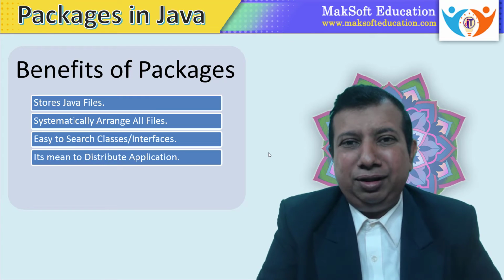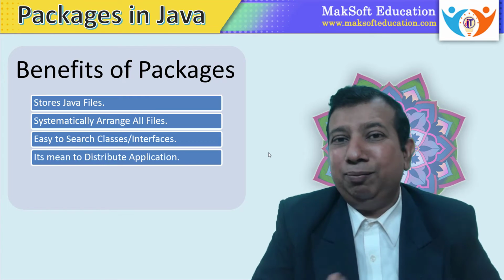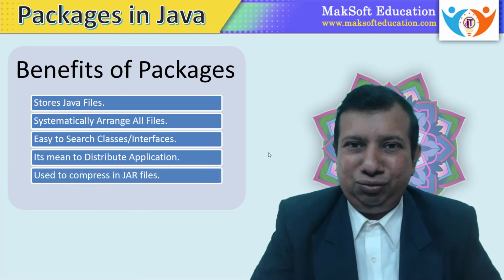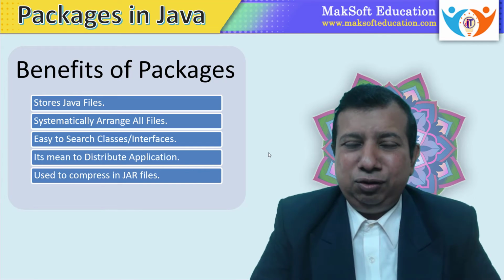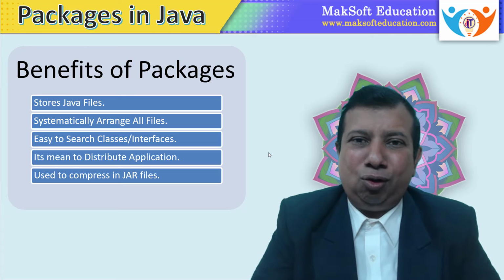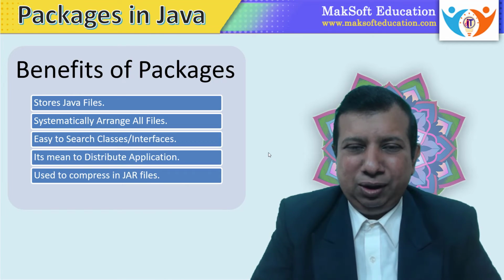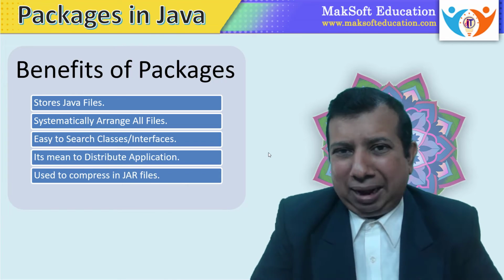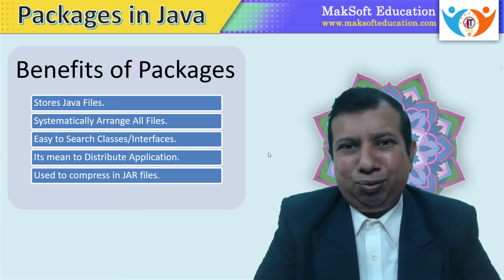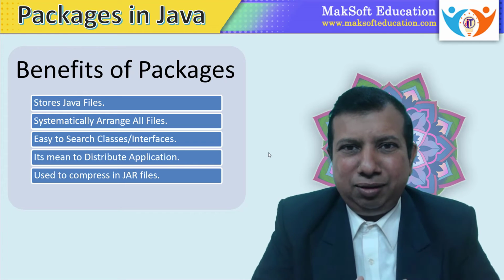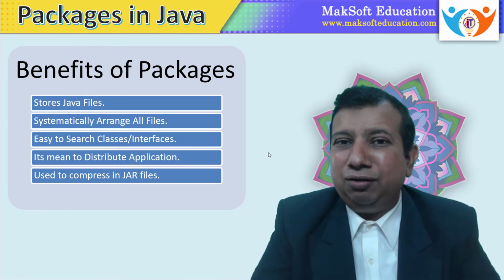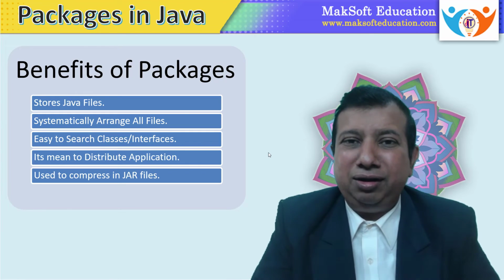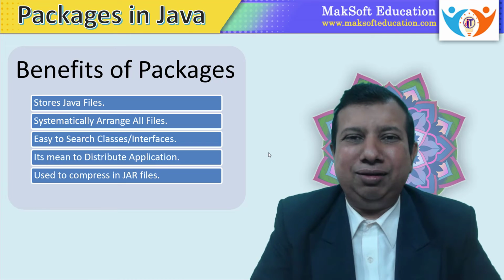One more important thing is that mostly we are going to deploy jar files. Jar stands for Java archives, which is a compressed form of your .class files. By using packages, we can keep .class files inside, arrange a proper structure for them, and then use an archiving technique to generate a jar file for those packages.